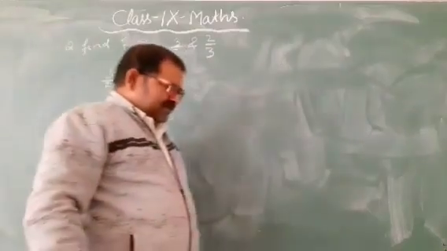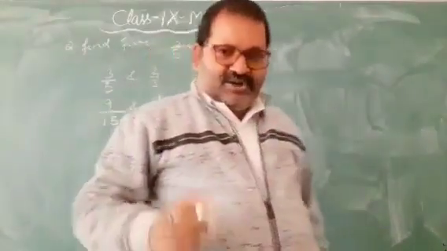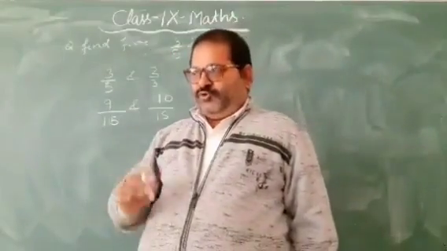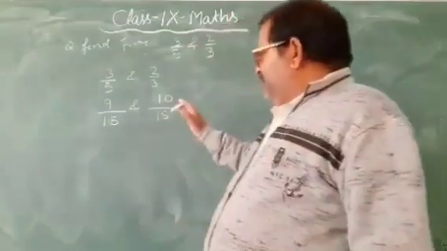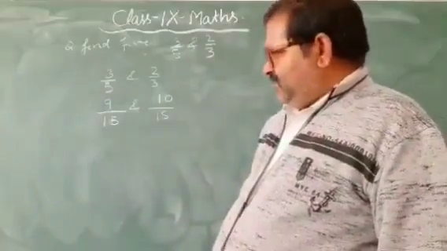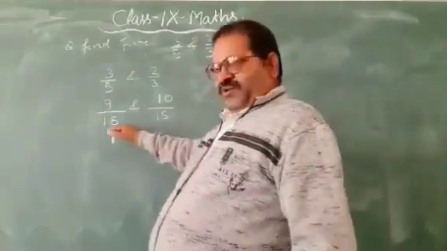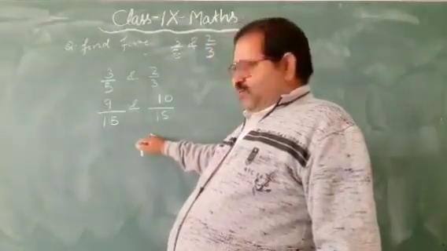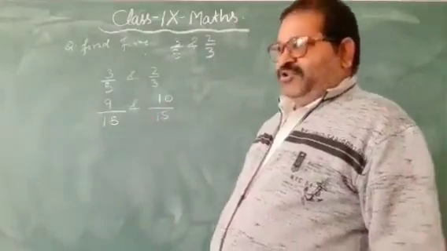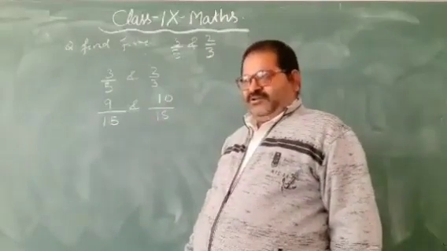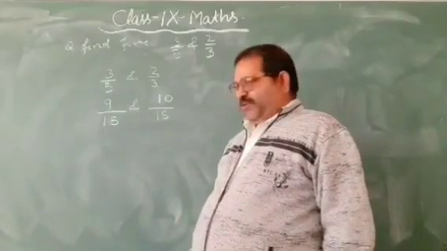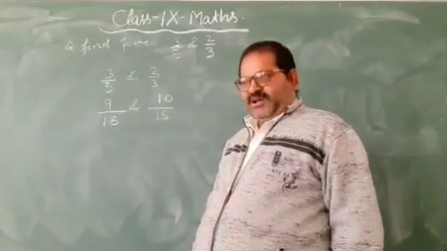In both numbers the denominators were different, so we maintain the denominators as equal. Then we take the LCM of the denominators to maintain the denominators equal.